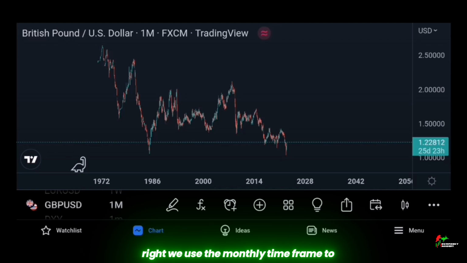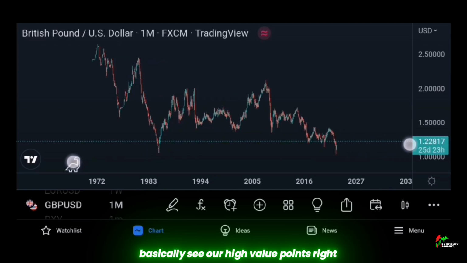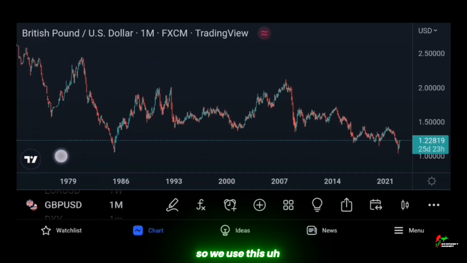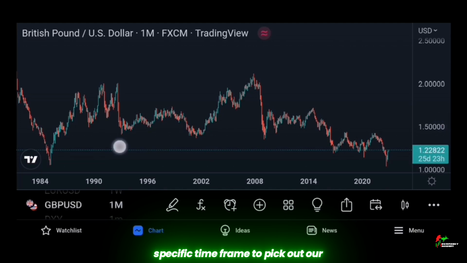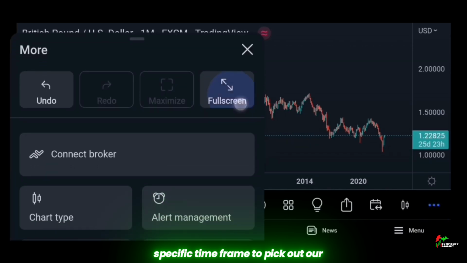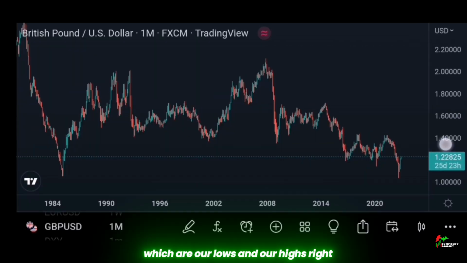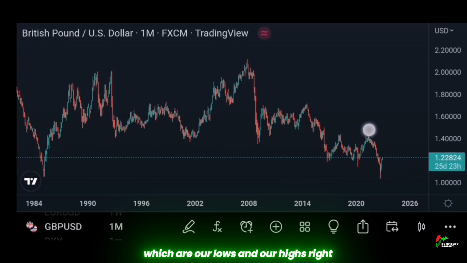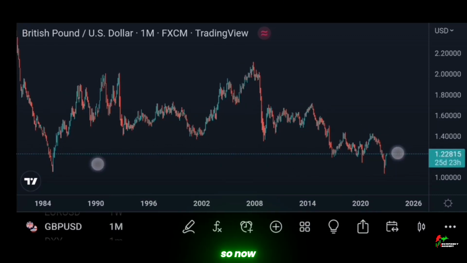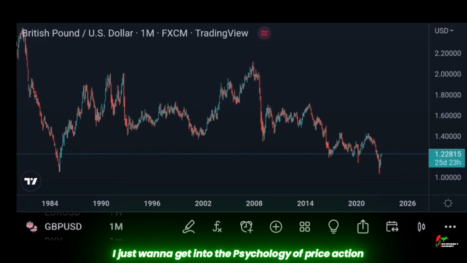We use it to pick out our high value points, which are our lows and our highs. So now I just want to get into the physiology of price action.